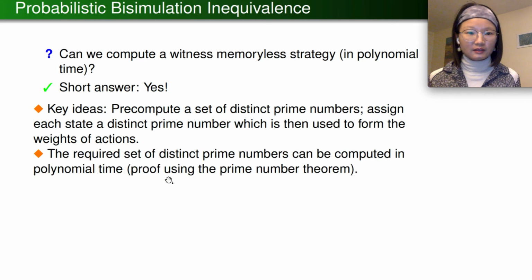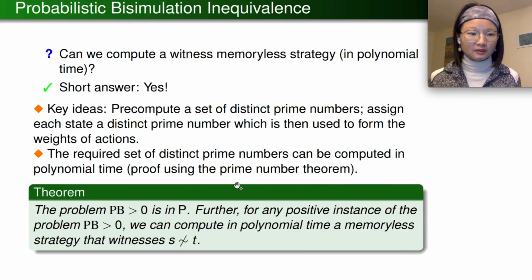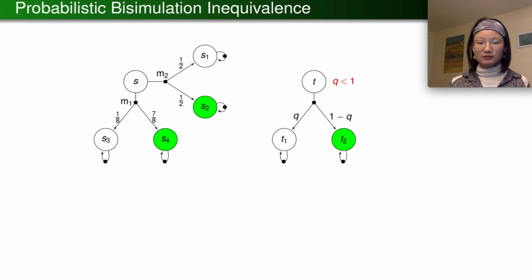I highlight here that to show this algorithm is polynomial time, we use the prime number theorem. So this problem, probabilistic bisimulation inequivalence, is also in P, and we have a polynomial algorithm to construct the witnessing memoryless strategy. I would like to illustrate using an example how to construct a witnessing strategy.